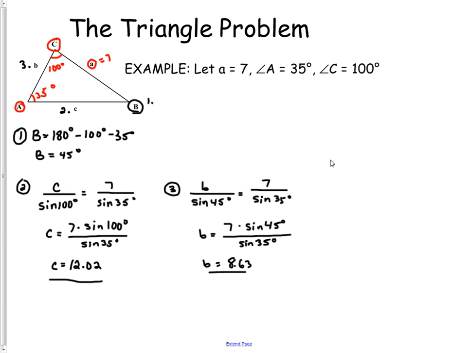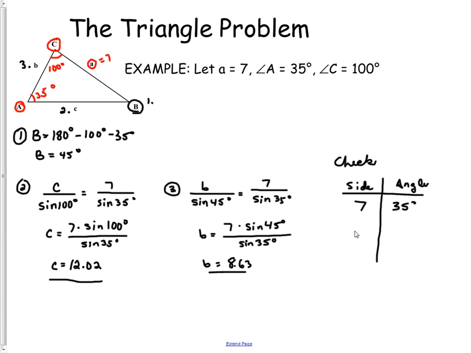But I'm going to go ahead and check. So a check right here would be to set up a little table with the sides and the angles opposite of those sides, and just to see if the longest side is opposite the largest angle and the shortest side is opposite the smallest angle. So in this case, going down the list, side a was given to be 7 and angle A was given to be 35 degrees.